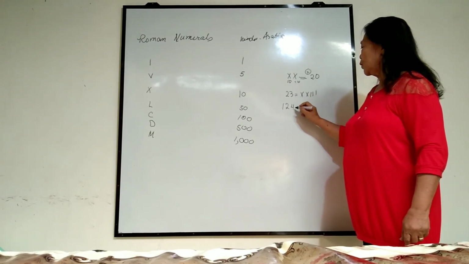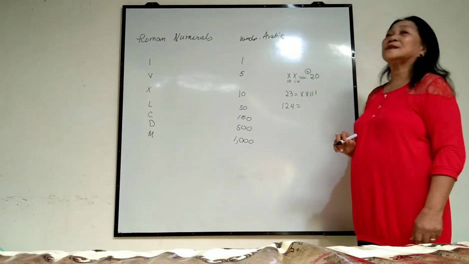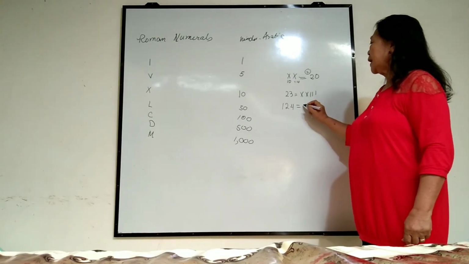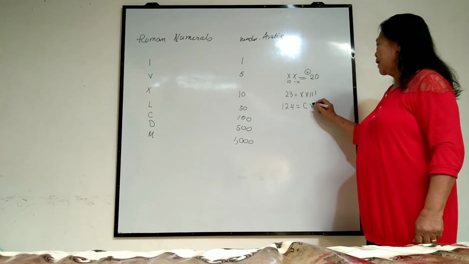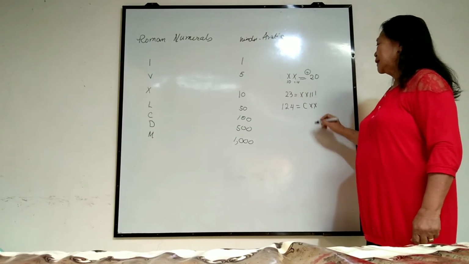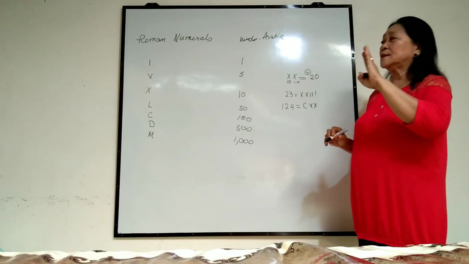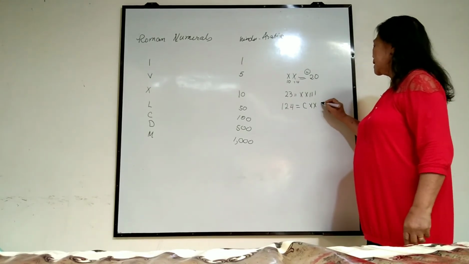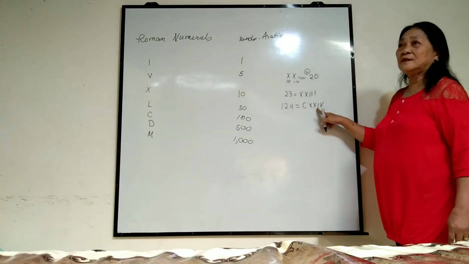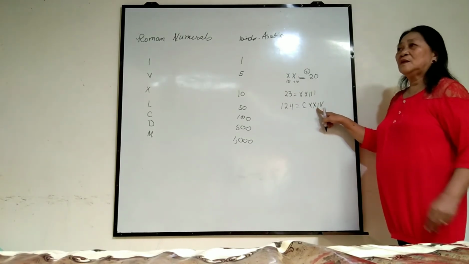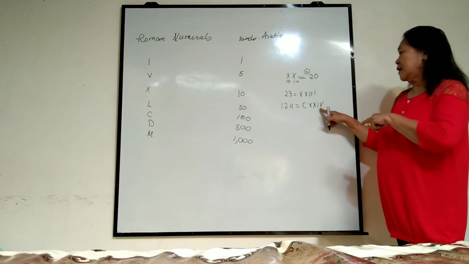And if you're going to write 124, all you do is write the C as your 100, then you have X and X. Then the 4 is not 4 ones, but this is V minus 1. If the letter is written before V, that's minus.